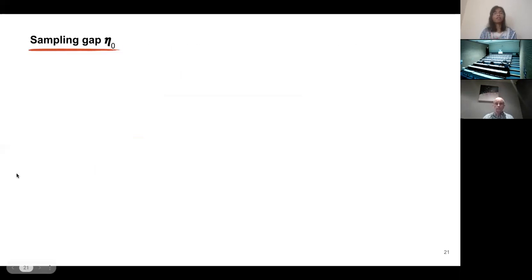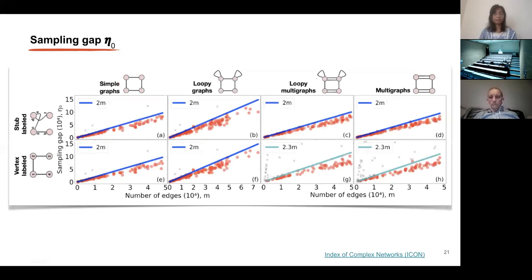Okay, so now we're going to look at the results of applying this sampling gap experiment on a corpus of different graphs across the 8 graph spaces. Here on the x-axis, we have the number of edges, and on the y-axis, we have the sampling gap obtained from the sampling gap algorithm that I just talked about.